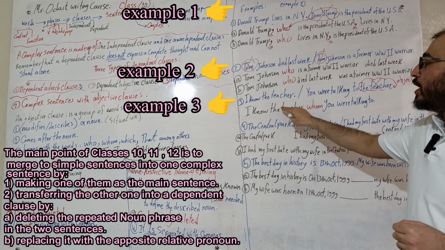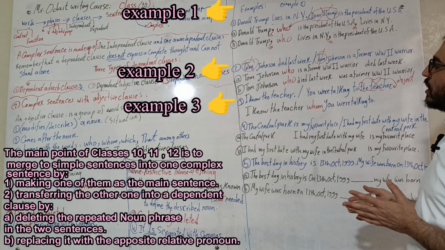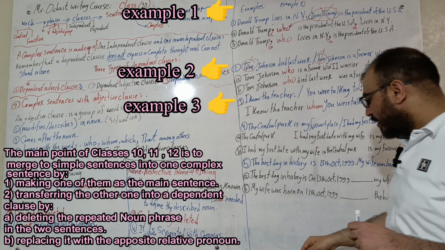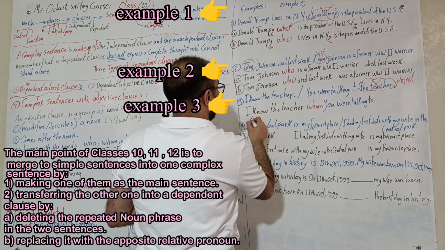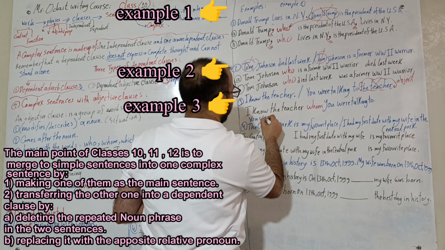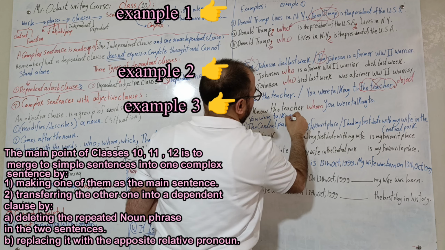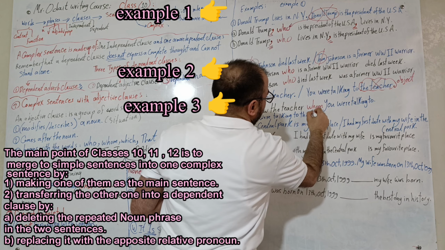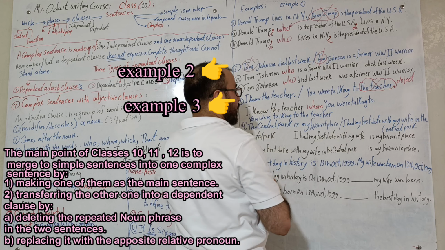And here, my friends, I know the teacher whom you were talking to. We can say in another option, for example, you were talking to the teacher. And here, my friends, I say whom.